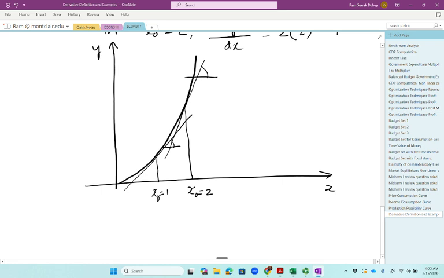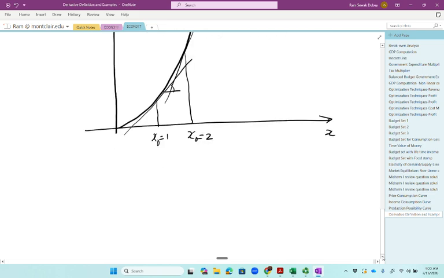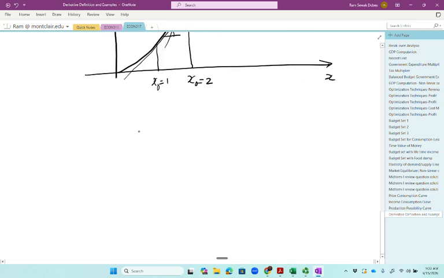And now I will give first a general formula for the derivative of functions of this class. So instead of writing y equal to x square, I can write a general functional form.